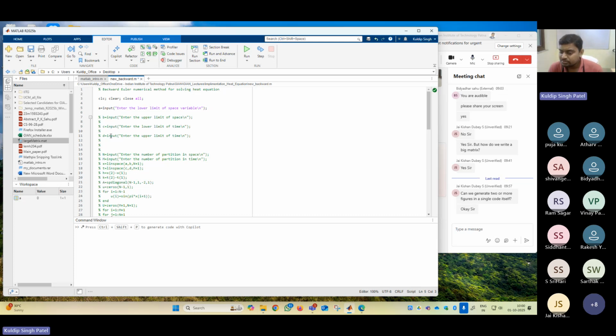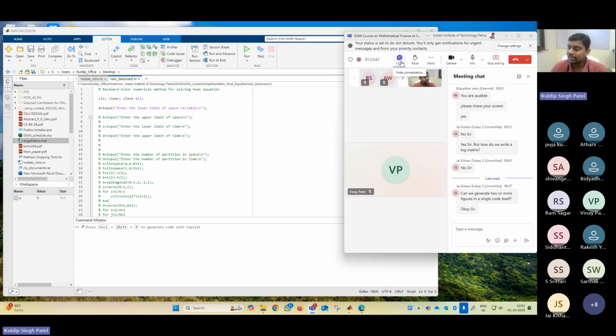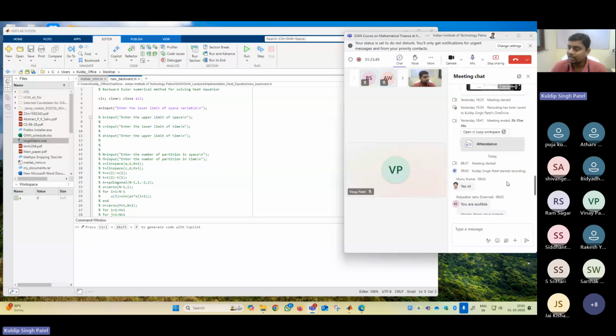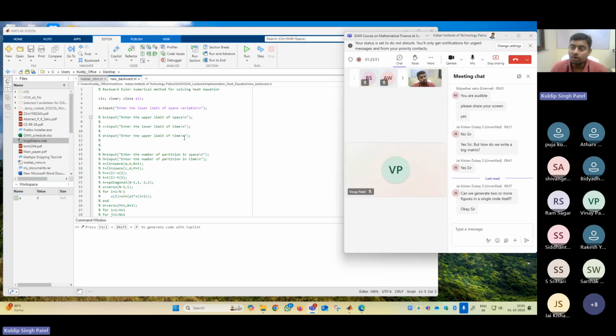This is basically about writing good code in general. Suppose there is a PDE and Jaikishan wanted to solve it from 0 to 1, and then suddenly some other person came and said, okay, I'll solve it from 0 to 2 or -1 to 1.